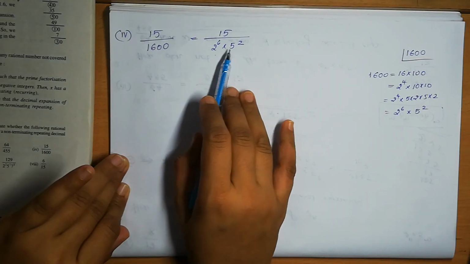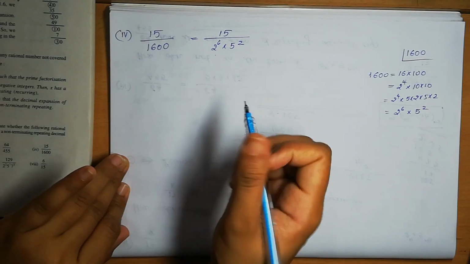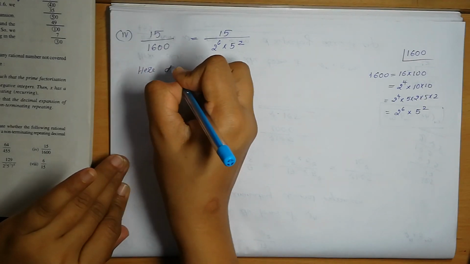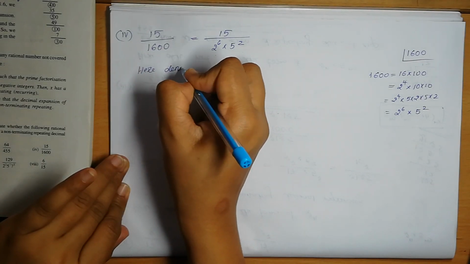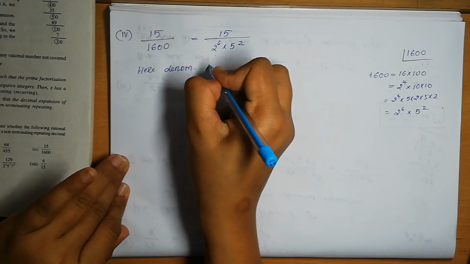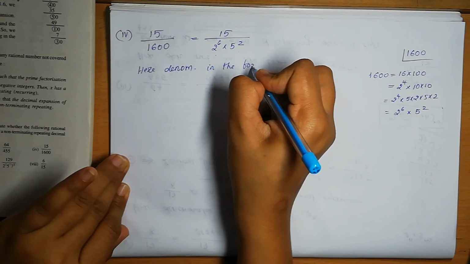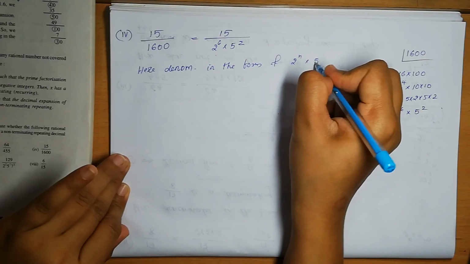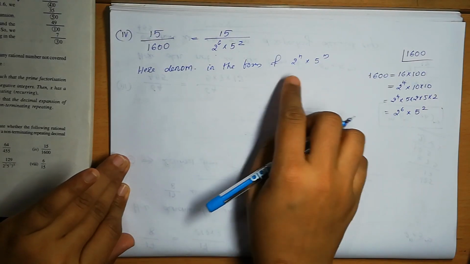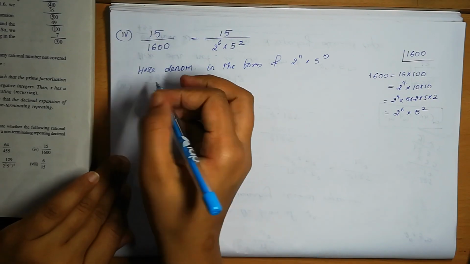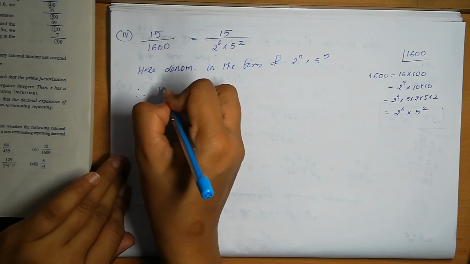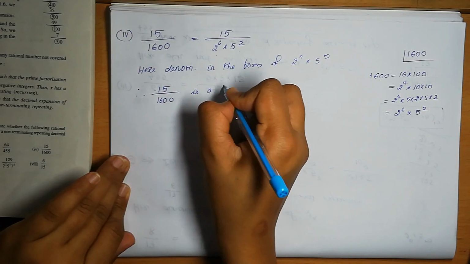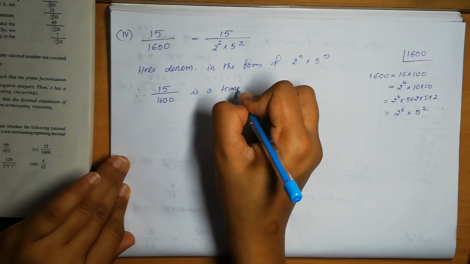So the denominator is in the form of 2 raised to n into 5 raised to m. If the denominator is in the form of 2 raised to n into 5 raised to m, what can we write? 15 by 1600 is a terminating decimal expansion.